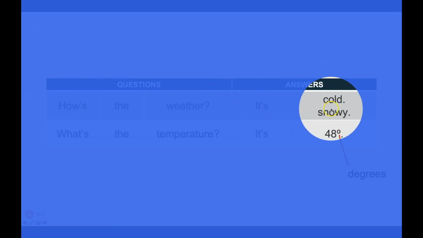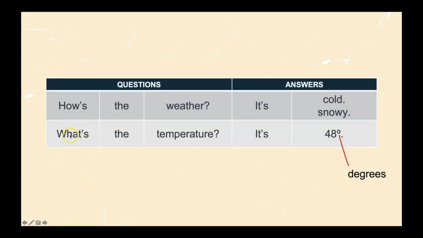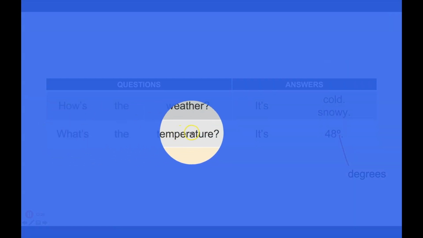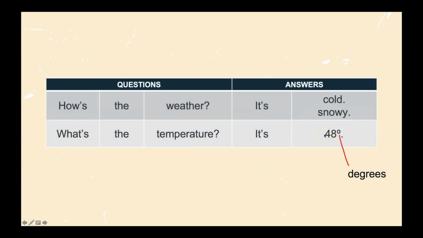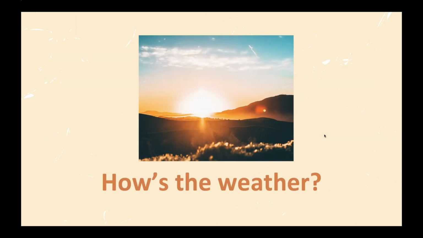It's snowy. Okay, our second question is what's the temperature? It's 48 degrees, or it's 52 degrees, or it's negative 25 degrees, or it's minus 2 degrees. Okay?